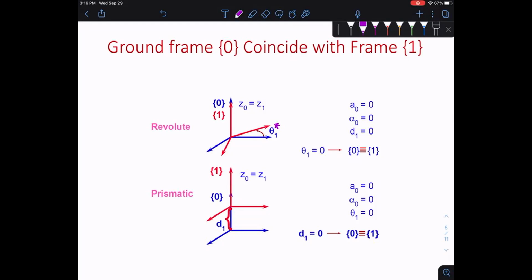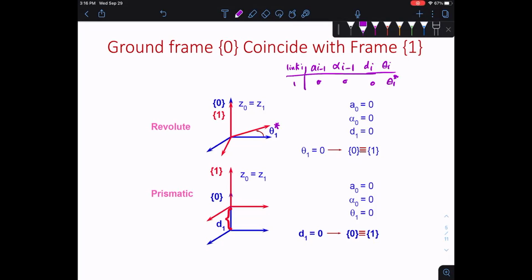Everything else is the same. If you create the link for that, link i, a i minus 1, alpha i minus 1, d i, theta i, all of these will get 0, and this will be theta 1 star. It just makes your life easier. That's why we put it there.